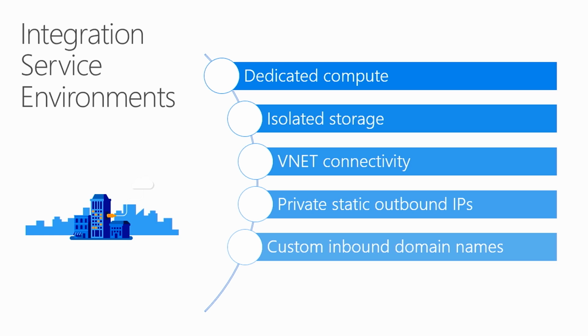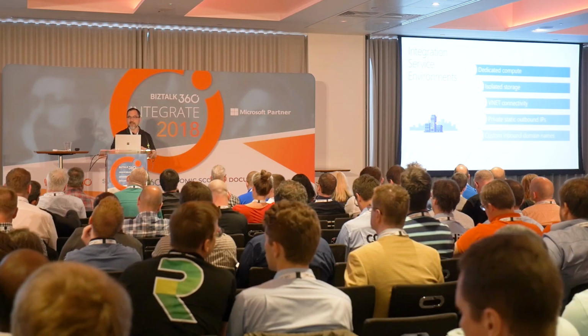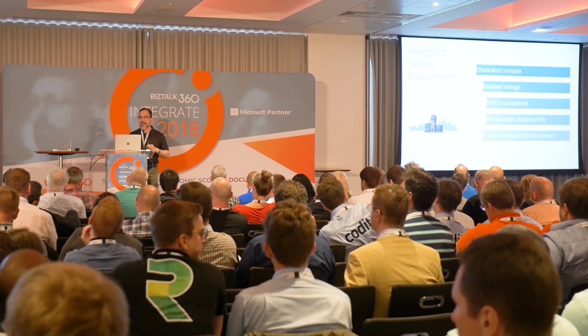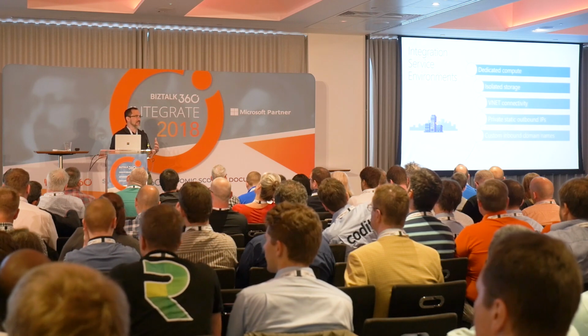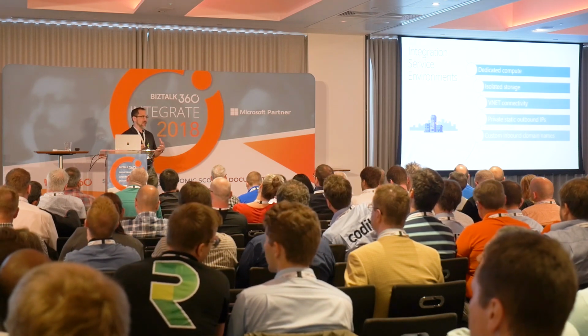For example, the request trigger today has this gnarly URI with our domain name in the front. When you create one of these logic apps in the ISE, it will still have that gnarly name, slightly different, but now you can put your own domain name in front of it, where you couldn't before, which creates some interesting scenarios for things like putting Traffic Manager and other things in front of it as well.